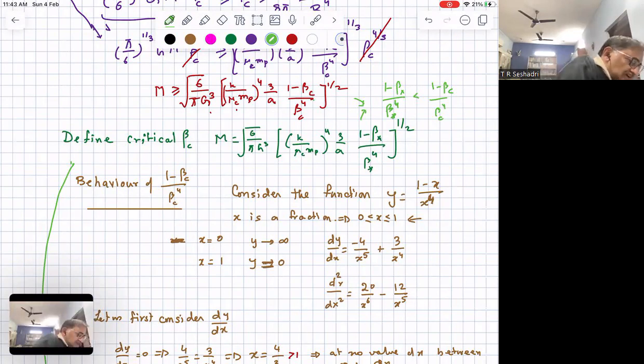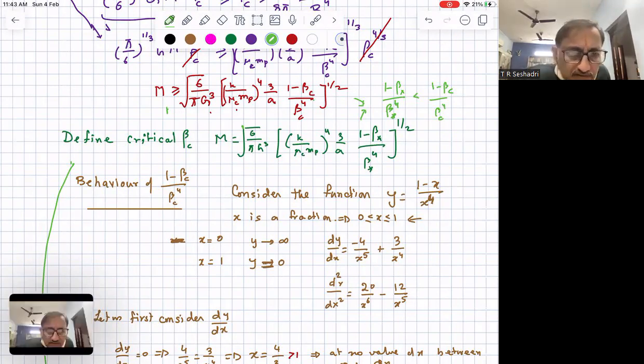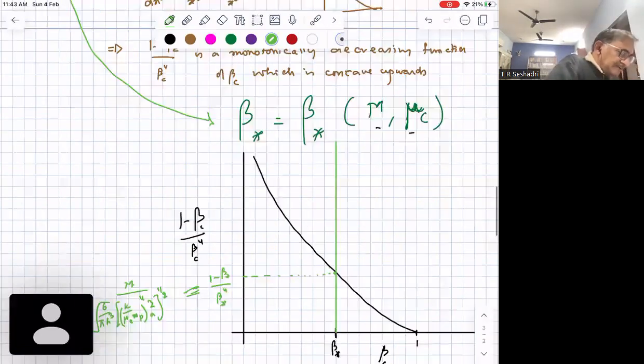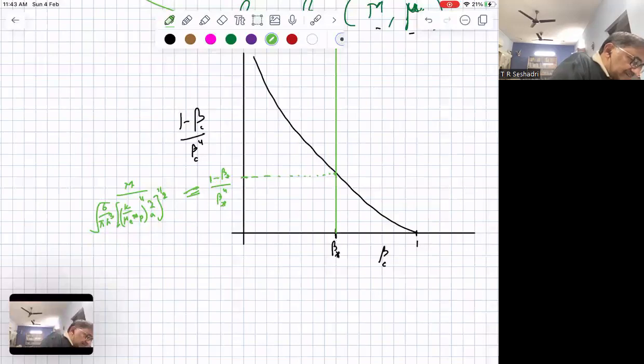I substitute this on this side, I cancel all the terms. So (1 minus beta c) by beta c to the power 4 should be less than (1 minus beta star) by beta star to the power 4. Yes. Okay. Does it sound okay, Soundarya? All the others? Yes, Sesh. Okay, fine. So it means my allowed region is this region.